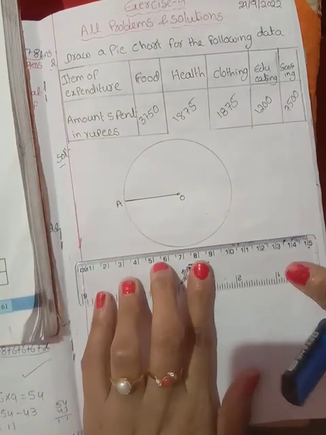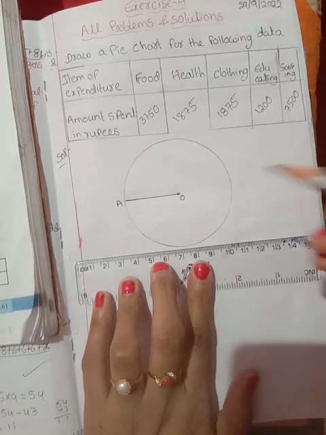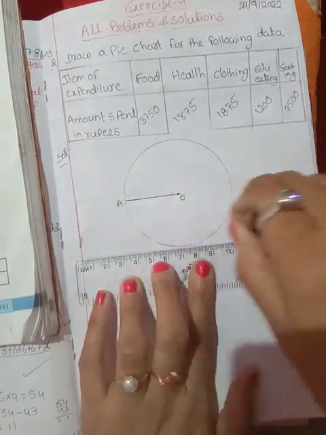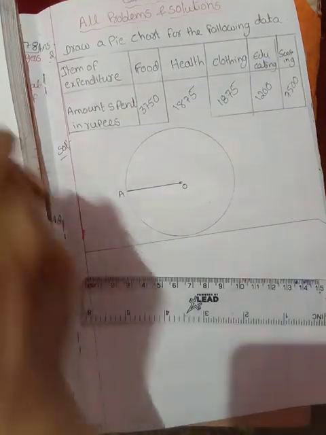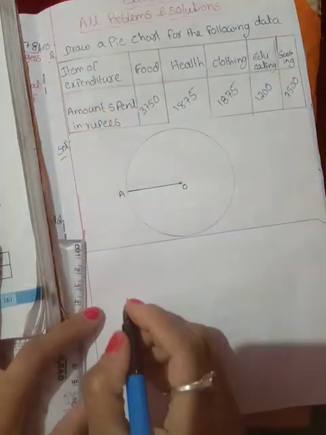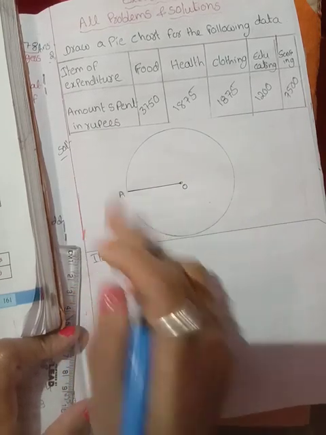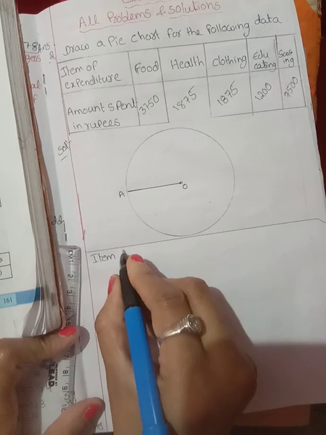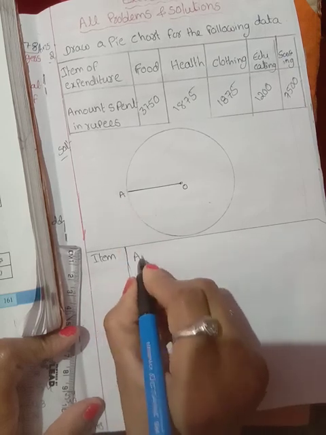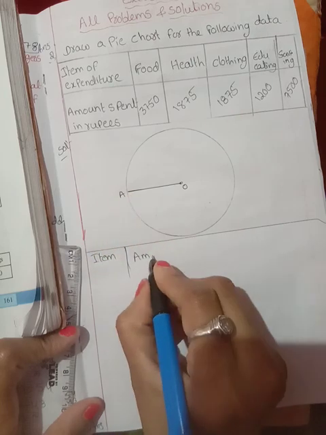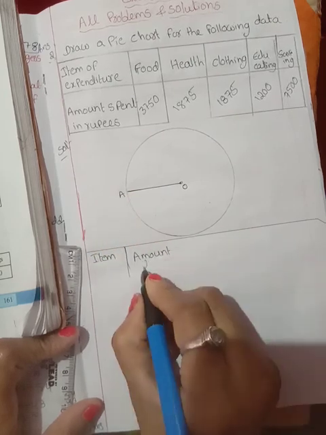So let us draw the table. What is the first column? Item of expenditure, but in short form you write only item. The next column is amount spent in rupees, amount in rupees only.